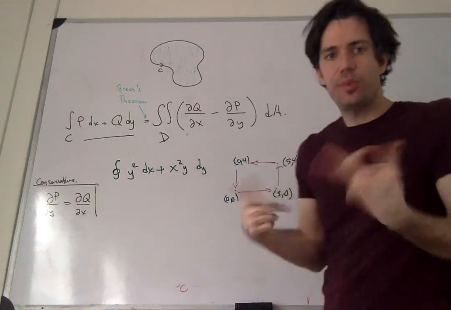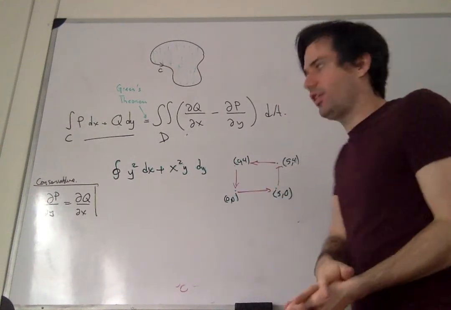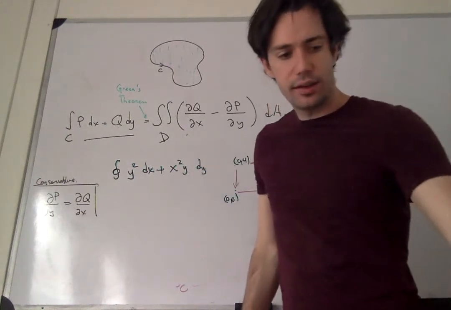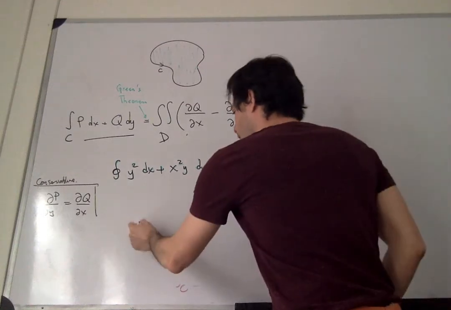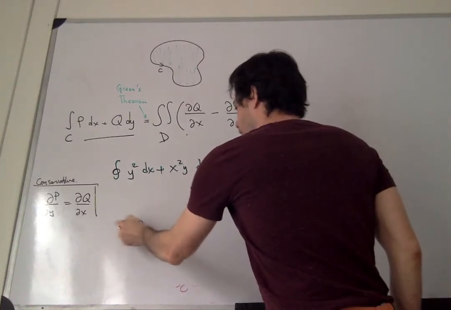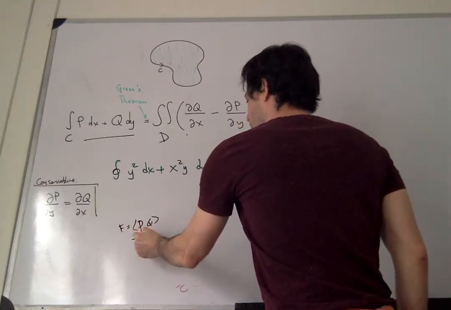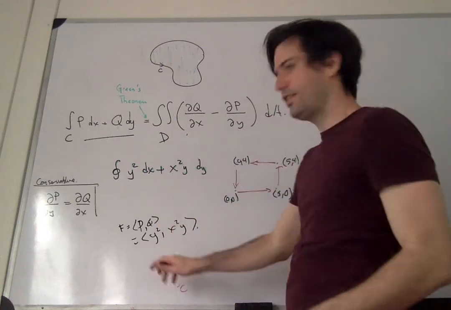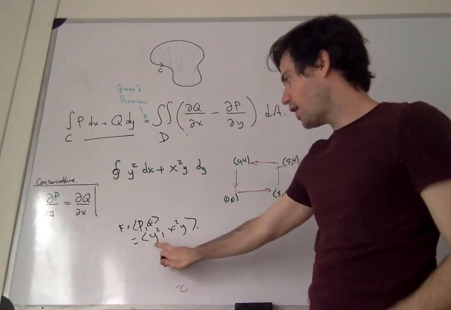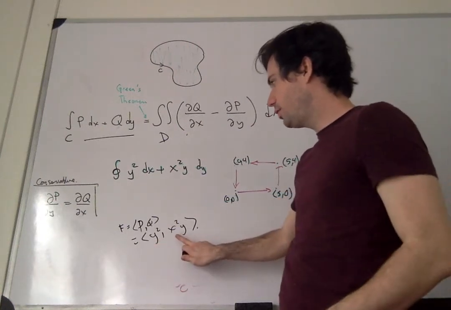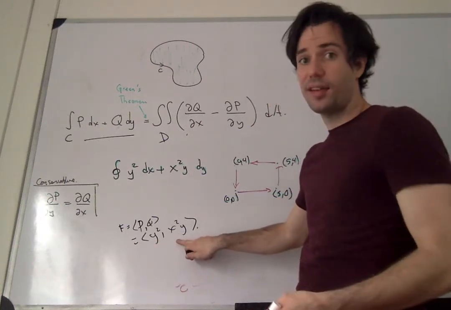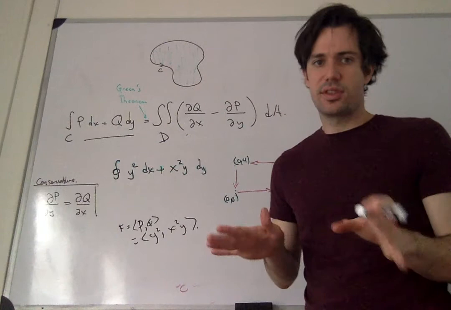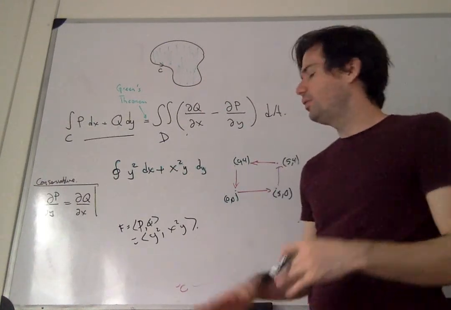Now, not all loops are going to give us 0, only if it's conservative. So this is not conservative, right? Because I can look at my function. F equals (P, Q), this is equal to (y squared, xy). If I take the derivative of P with respect to y, I get 2y. If I take the second coordinate with respect to x, I get 2xy. 2xy does not equal 2y, except in certain cases, if x is 0. So this is not conservative.